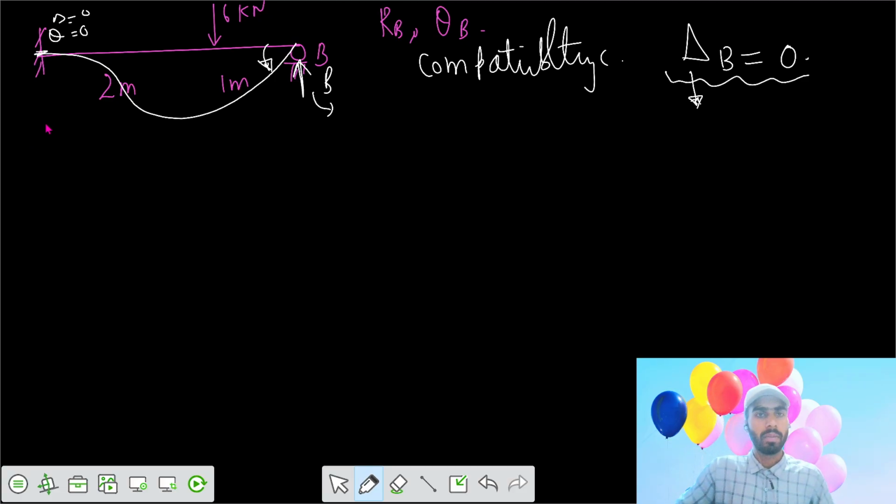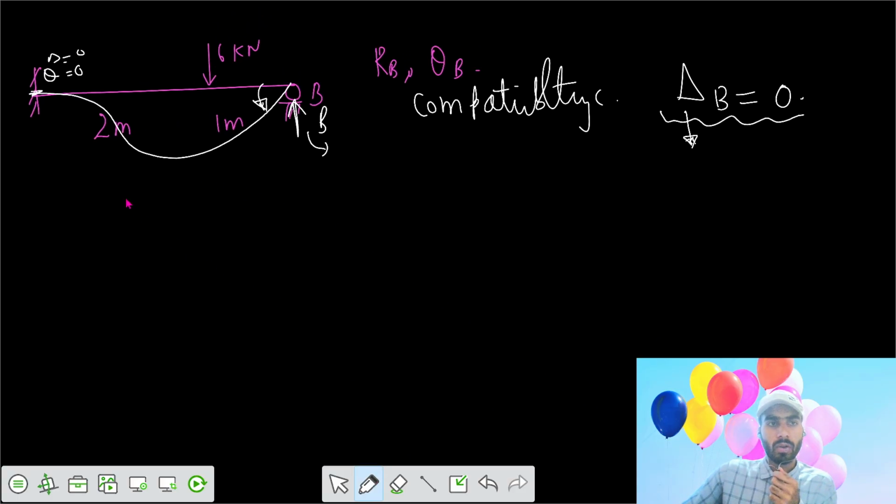So if you write the compatibility that delta at B should be 0, then from that we can get the value of that reaction at B. If you want to start from this side also, you can go with that, but it is better to go from this side, because your calculation will be easier, because you don't have to get the reactions at A, that is the reaction MA and your reaction RA. So we can take the section from this side and go up to the point just before A.